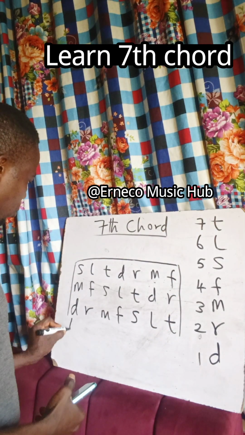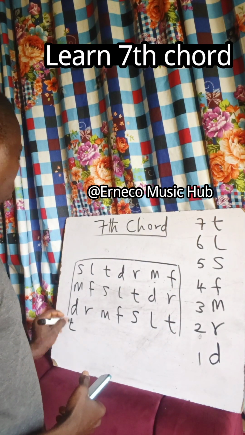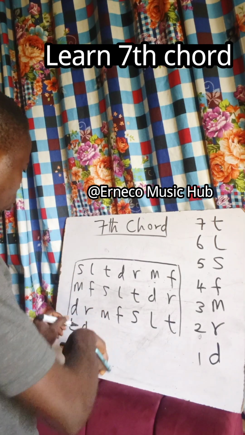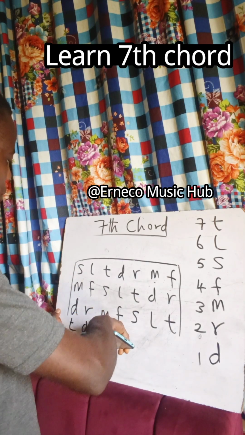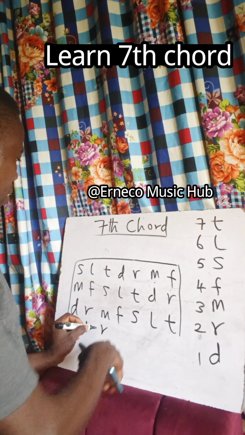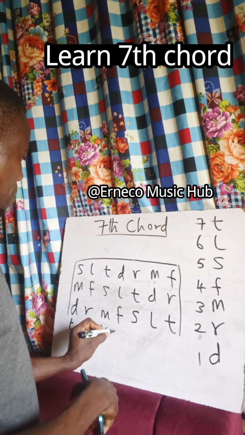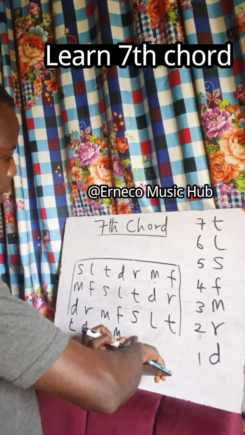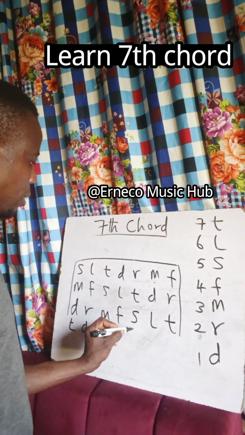So the seventh note of this particular chord is this. Seventh of this is do, because you see do before re. Seventh of this is re. Seventh of this is mi, because you see mi before fa. You will see fa before this.